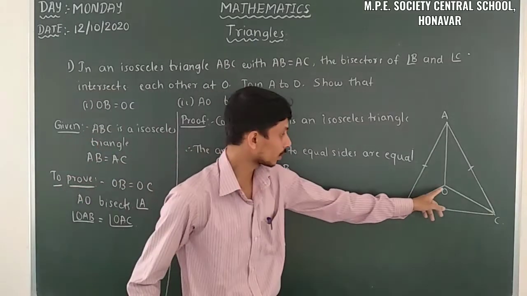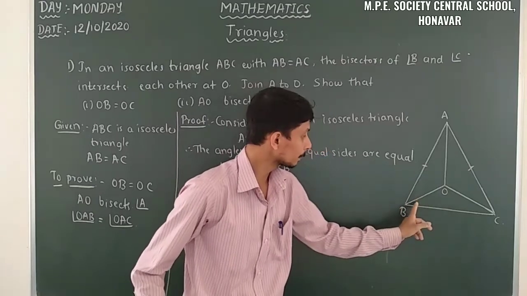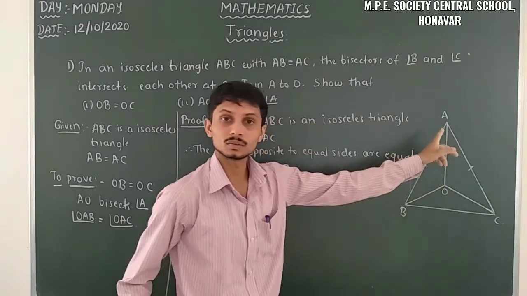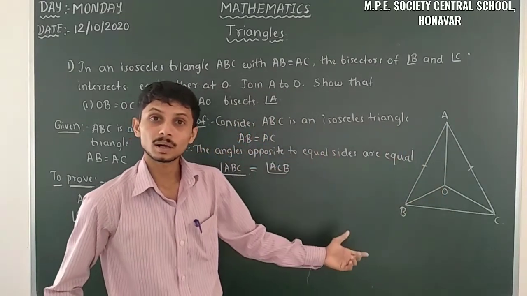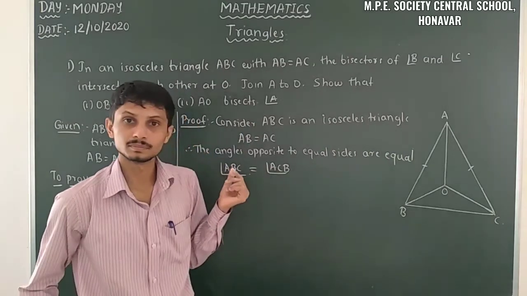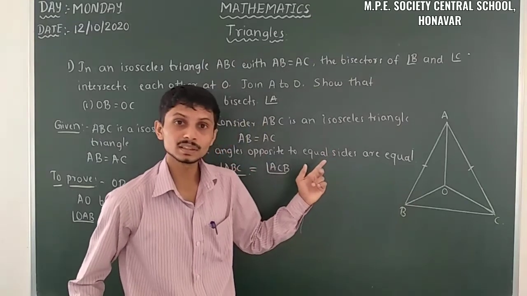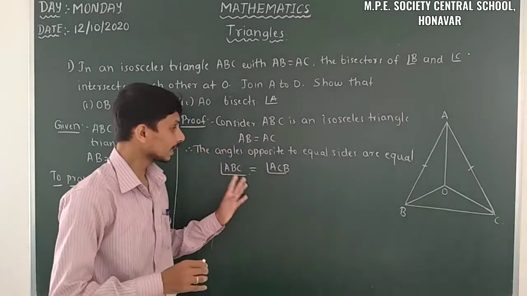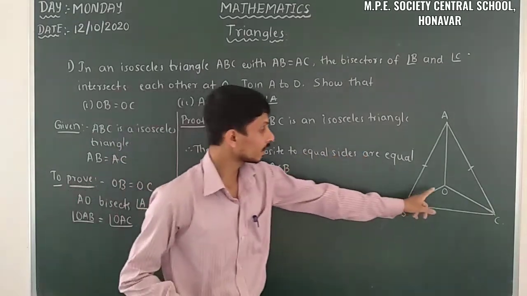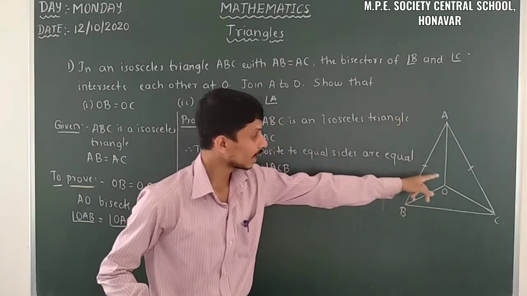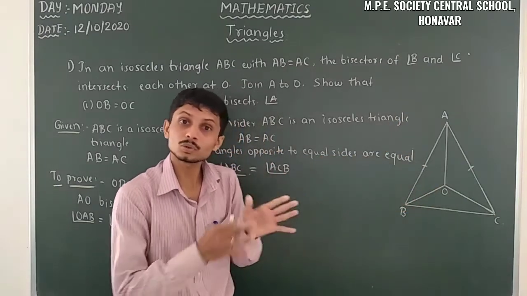Just observe, angle OBC plus OBA, those two are combined to form ABC. So angle ABC is equal to angle OBA plus angle OBC, and those two angles are equal.